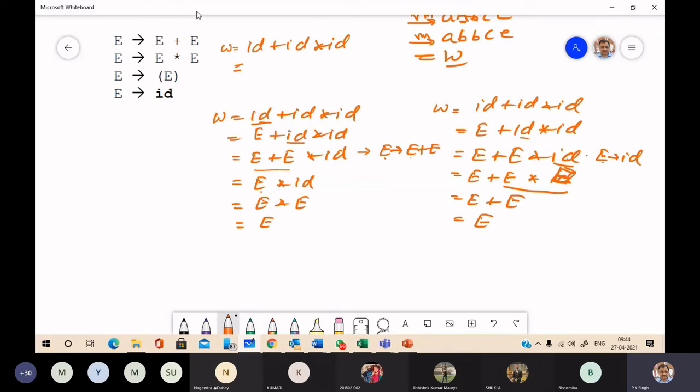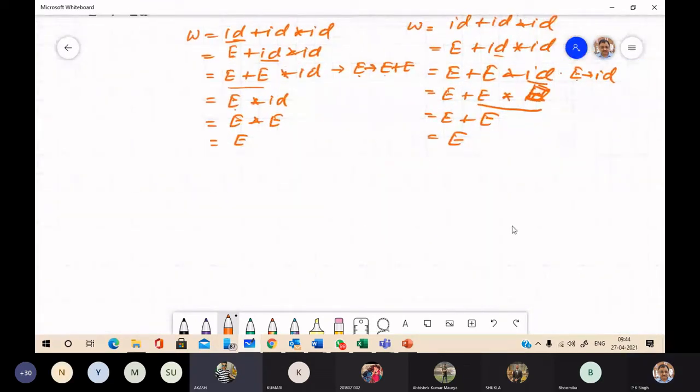Now see the syntactic structure produced by these two. We started from ID plus ID into ID. See this one.